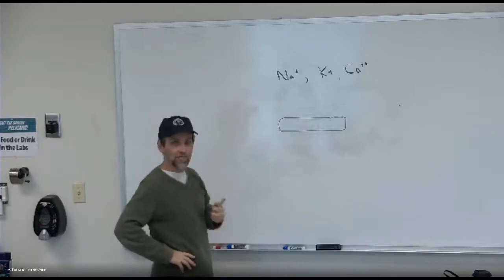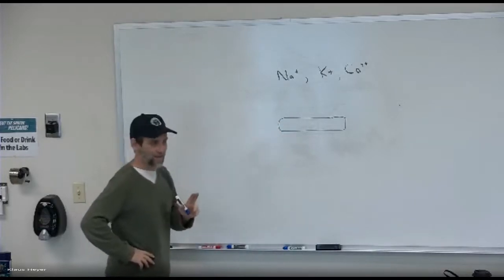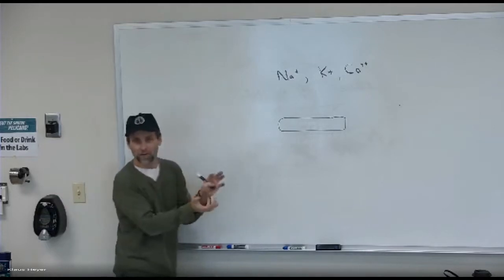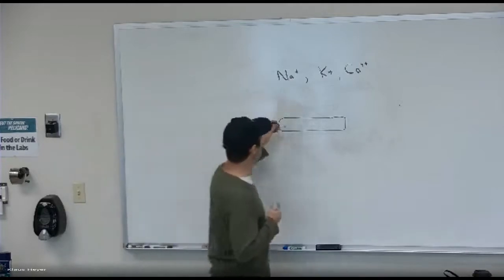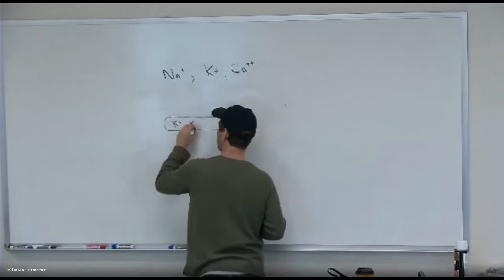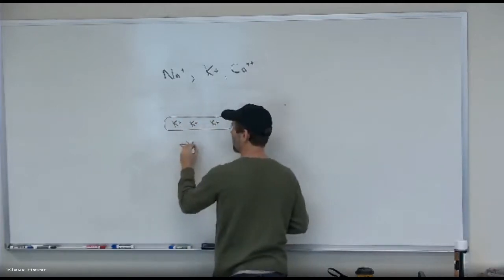Sodium and potassium are usually found together. Not that they're hanging out together, but they work together. In fact, they don't like to be in the same place at the same time. So for now, let me just put some potassium inside the cell, because that's where they live. And I'm going to put some sodiums outside of the cell.